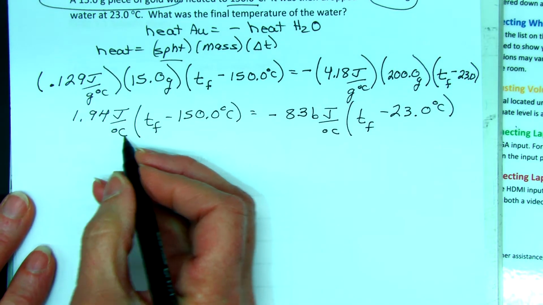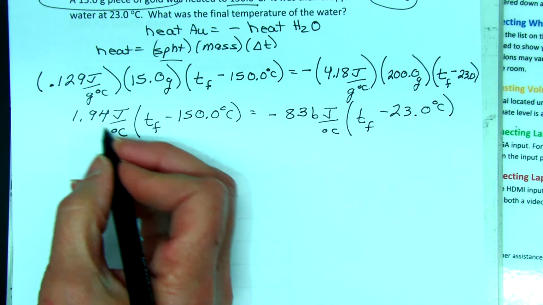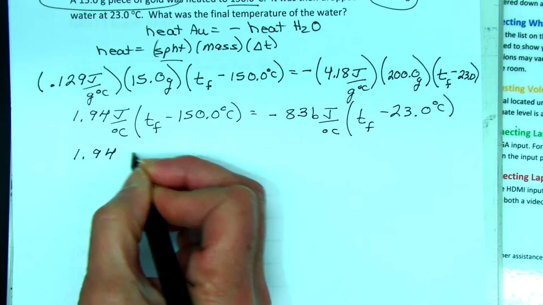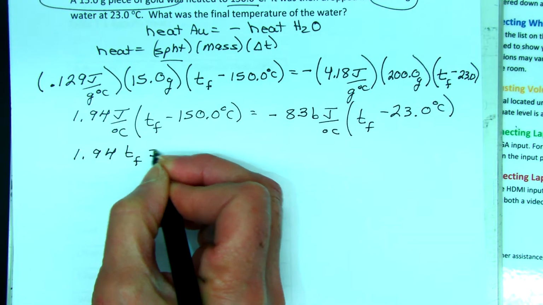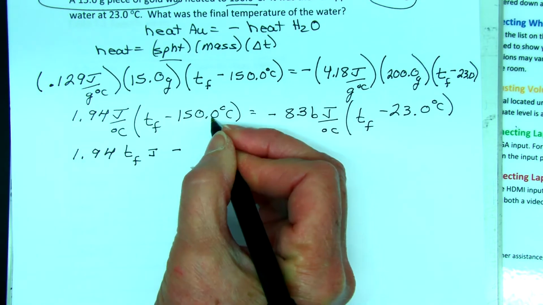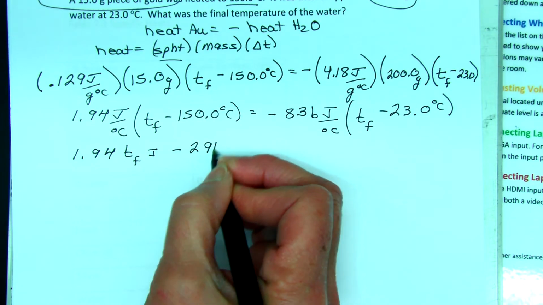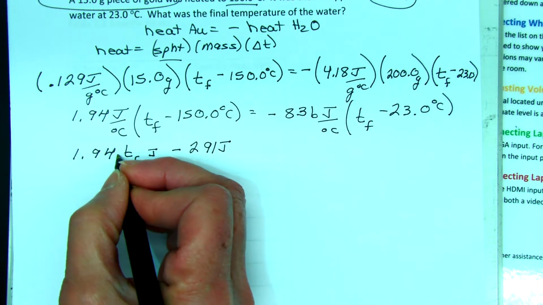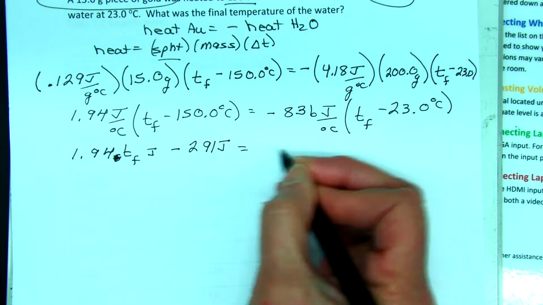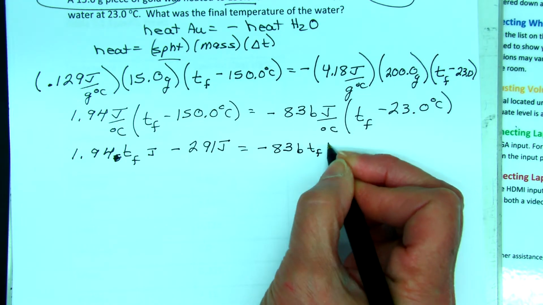So now T sub F is in degrees C, so I get 1.94 T sub F with units of joules minus, multiplying 1.94 by negative 150, I get a negative 291 joules, times T sub F, is equal to negative 836 T sub F joules.